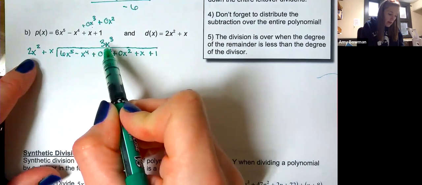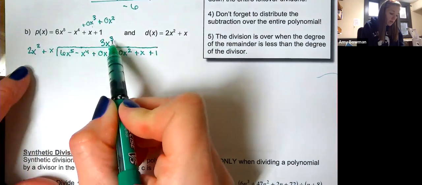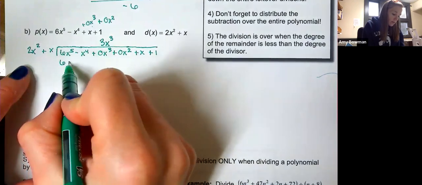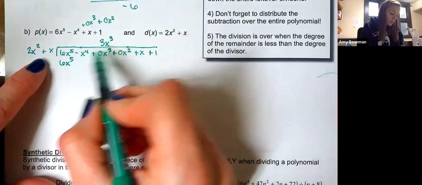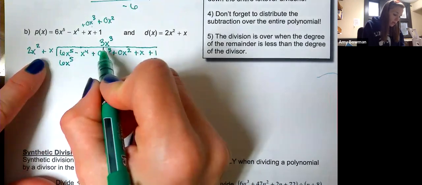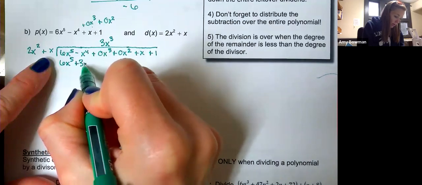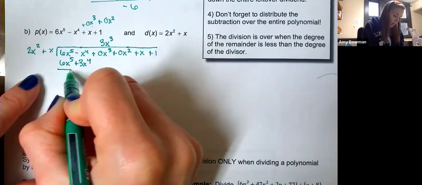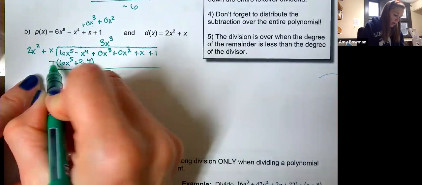Now I'm going to take that, multiply it by this whole thing. 3x cubed times 2x squared is 6x to the 5th. 3x cubed times x is 3x to the 4th, and that'll be positive. And then we want to figure out what is remaining of our dividend. So we're going to subtract that away.